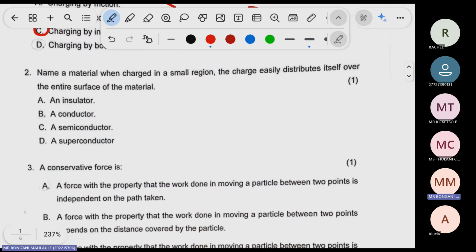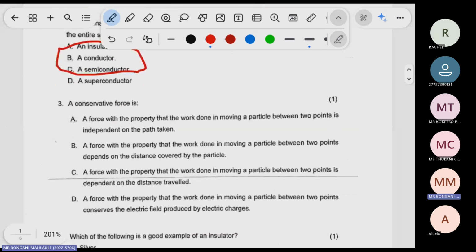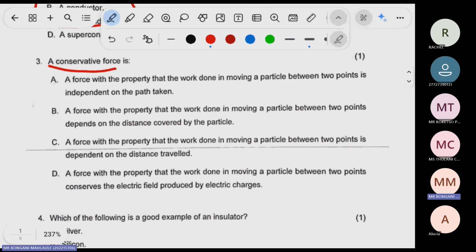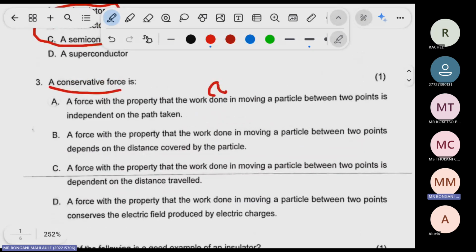And they were saying name a material where, when a charge is placed in a small region, the charge easily distributes itself over the what? So here you are supposed to choose the material. Which material will it be here between these three? And conservative force, you must also know what a conservative force is.